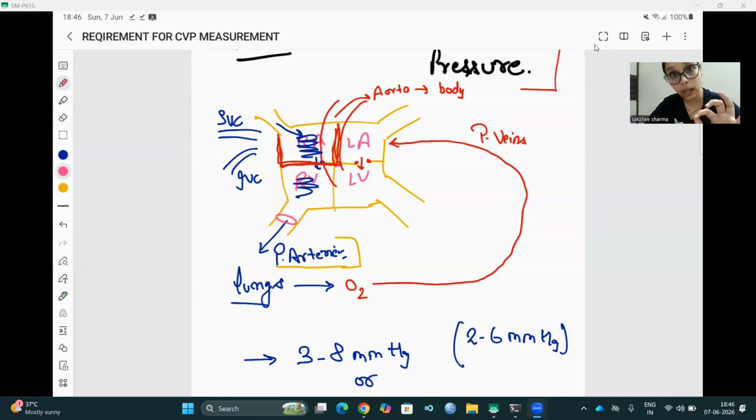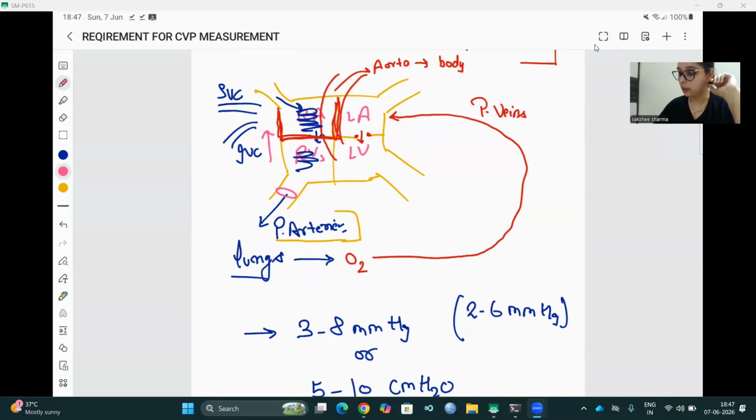But because of the embolus, my blood is not moving forward into the pulmonary artery. Since the blood is not moving forward, everything is going to pool in the right ventricle. And because of the pressure, the flaps of your tricuspid valve will move upward and blood will flow again from the right ventricle to the right atrium. Hence, the pressure in the right atrium will increase.